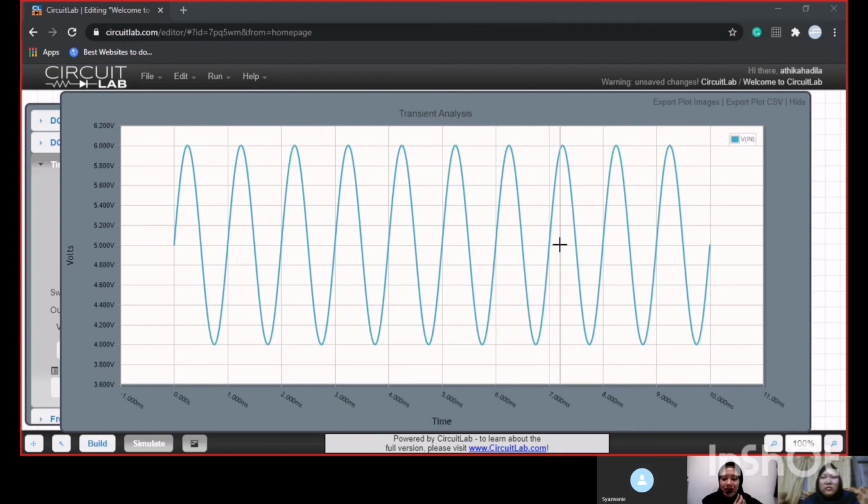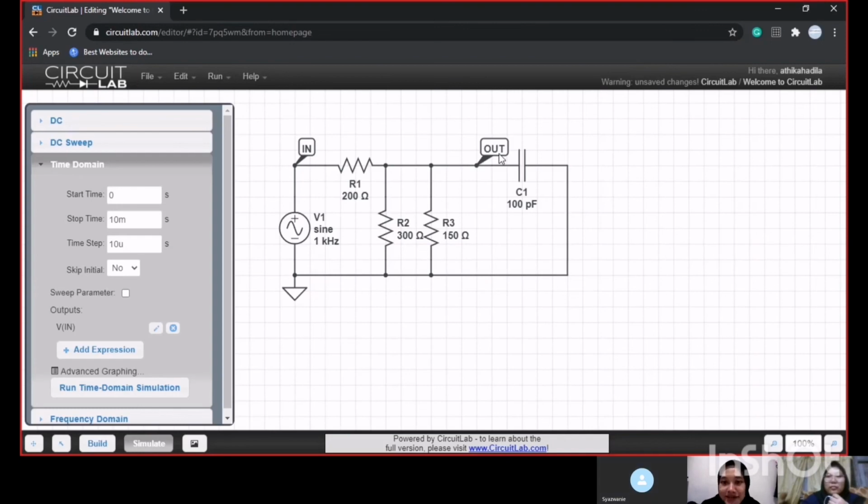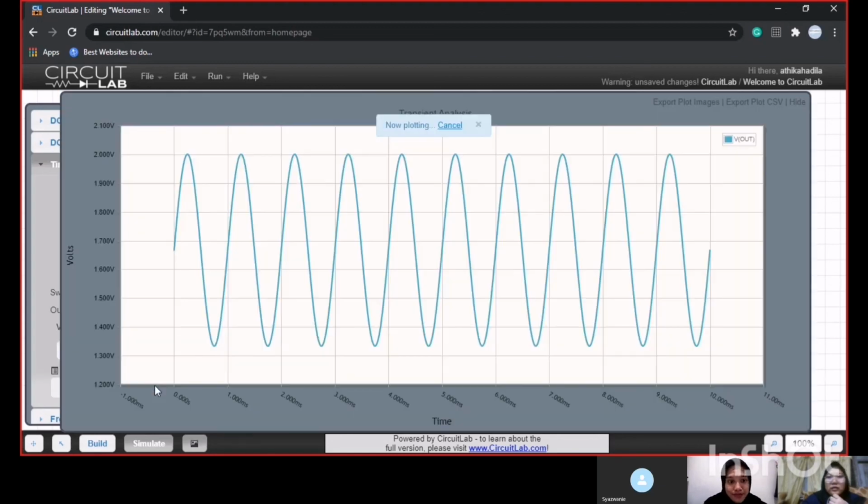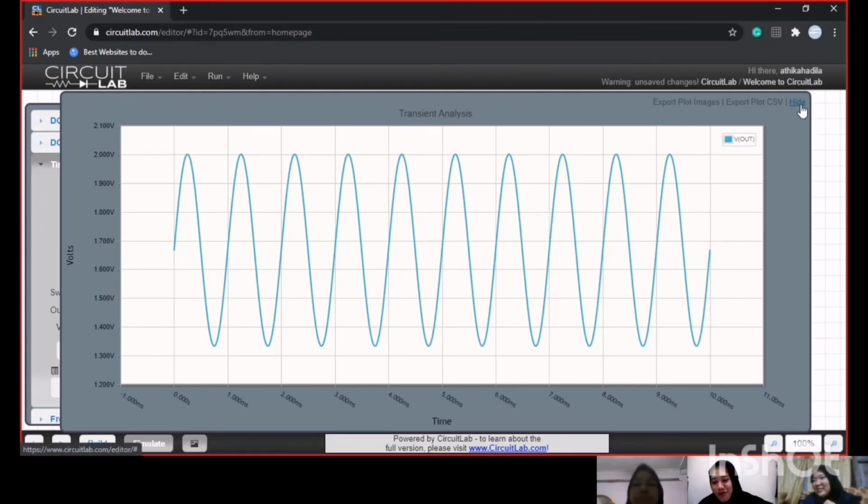This is the input graph. For the output graph, we get this. This is the output waveform.